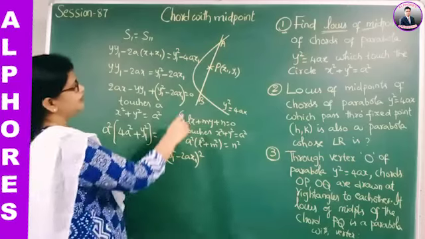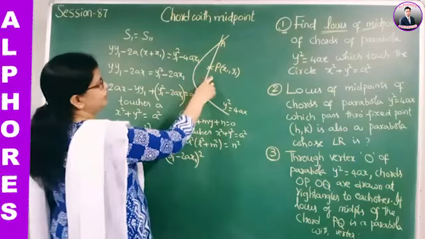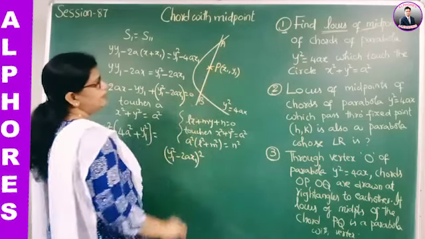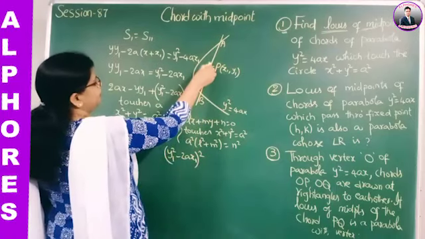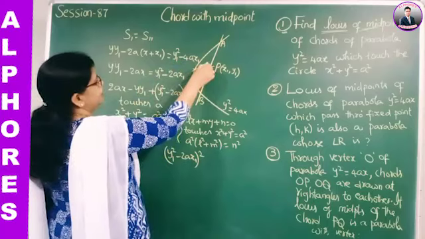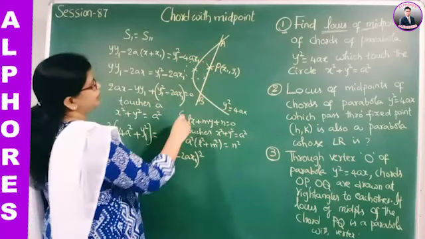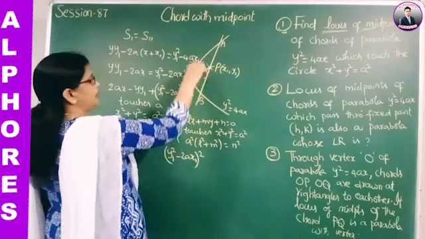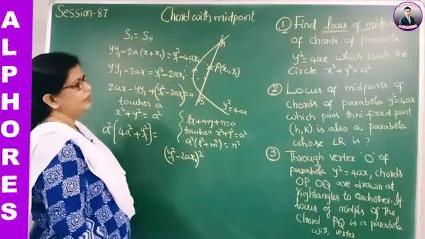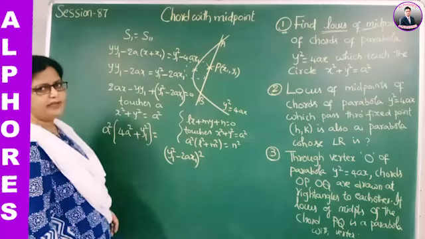This is a chord with middle point x1 y1, and they said it is touching a circle. The circle x square plus y square is a square has its center at the vertex, and this chord is touching the circle. If you take another chord with another middle point, that chord also touches the circle. So they are asking for the locus of all such middle points of chords.